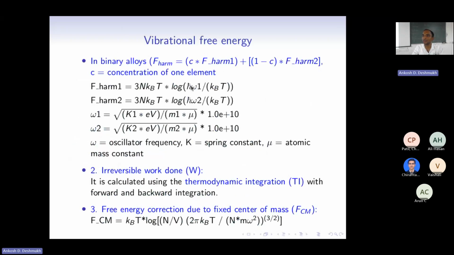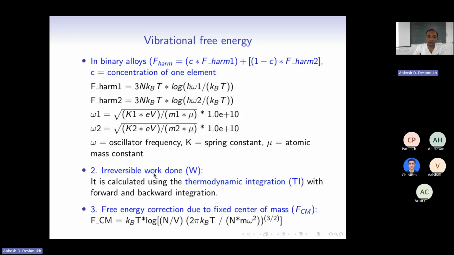It is much simpler to calculate the interface vibrational free energy for a single component system, but for a binary system we have to consider the compositional contribution in the harmonic term. So we look at the concentration of each element, or you can say each material. This is the component-wise harmonic free energy, and there are relative terms.